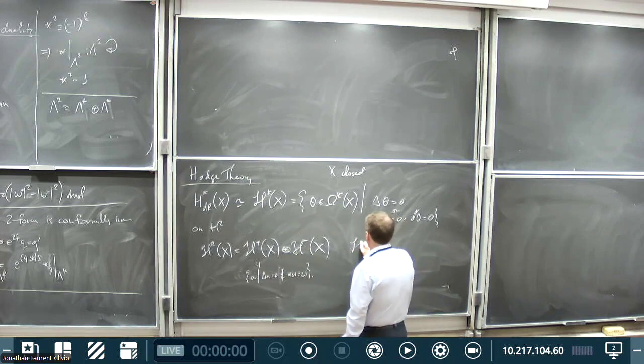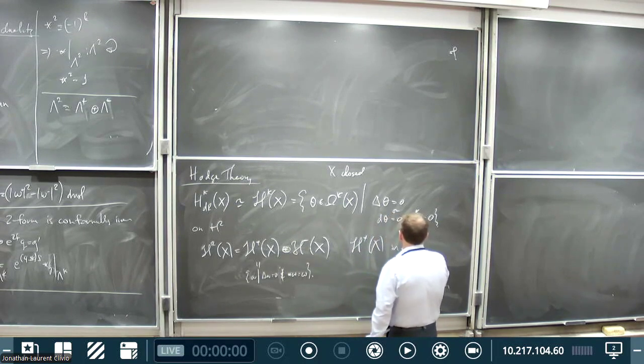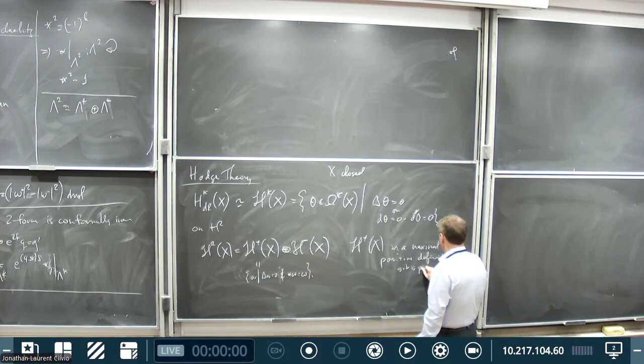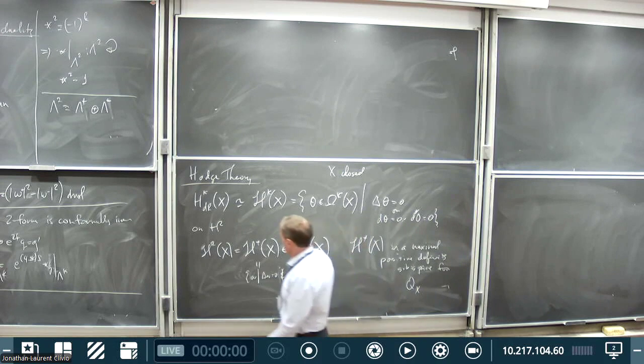So H plus is a maximal positive definite subspace. So, let's see, for the intersection form on X, you notice it's positive because, as we noted here, when I wedge together the forms, the wedge product is the cup product, and it gives me something positive.